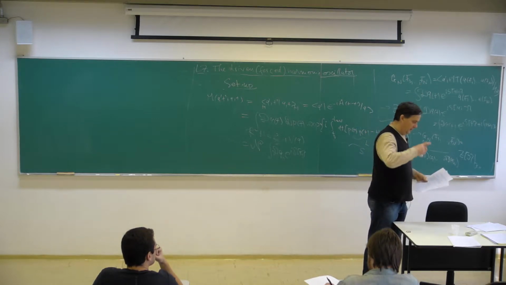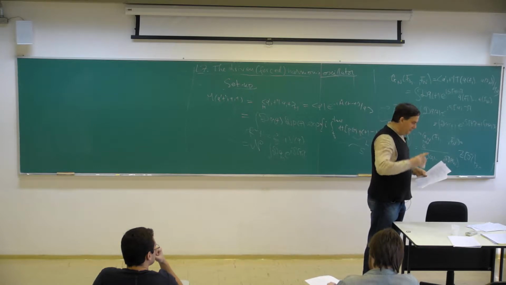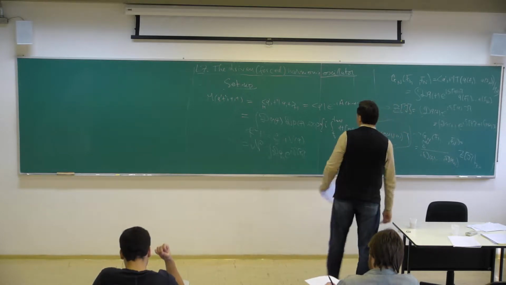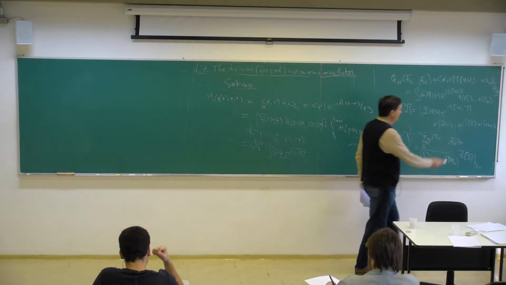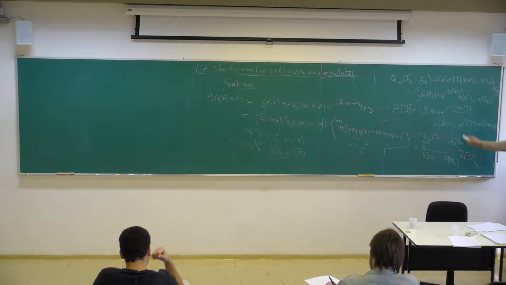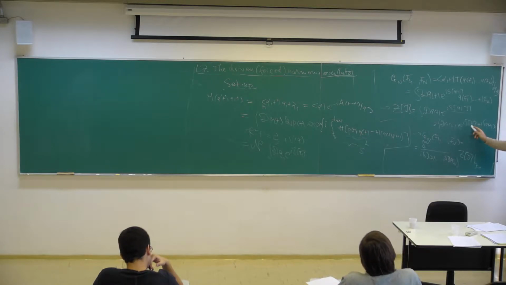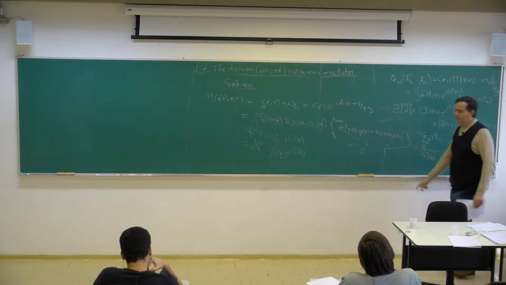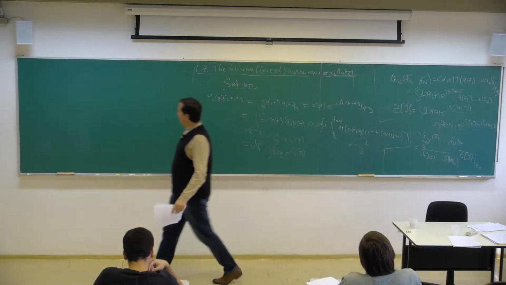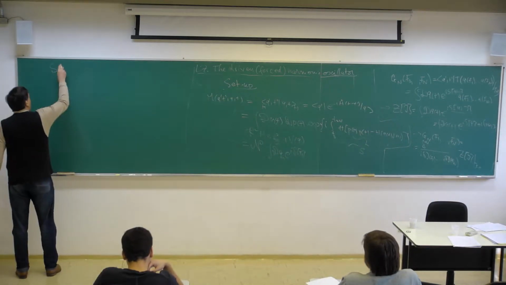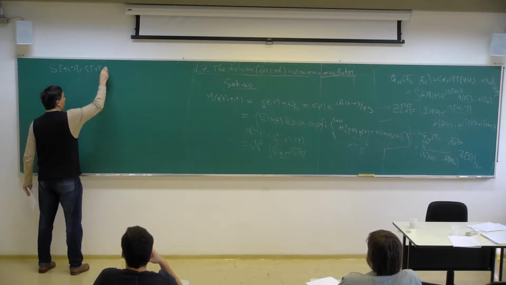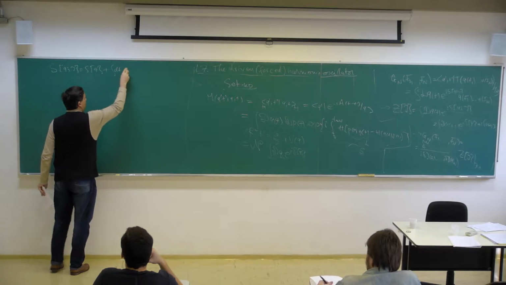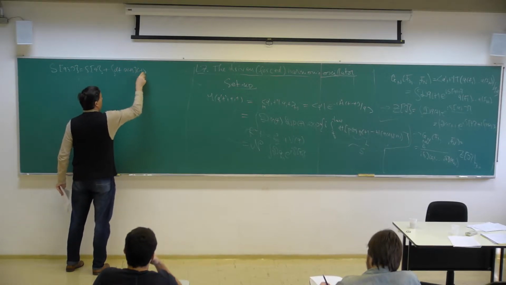However, now that we have this, we see that we have the combination S of q and j, which is S of q plus the integral of q j.